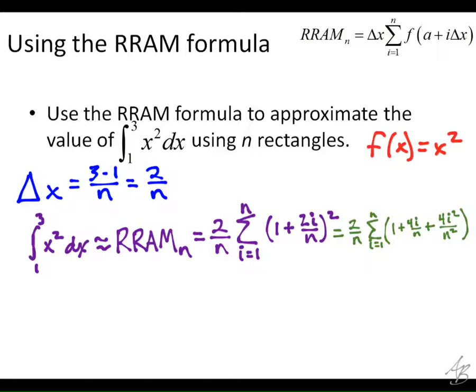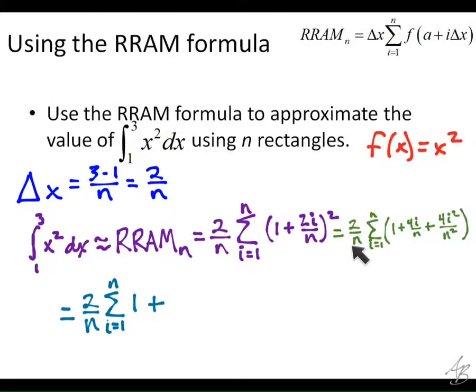So here's what that's going to look like. I've got that 2 over n out front still, and I'm going to distribute the 2 over n to each one of these also. So the first one I'm going to have 2 over n times the sum from 1 to n of 1. That's the first term. Plus, I'm going to factor out the 4 over n.